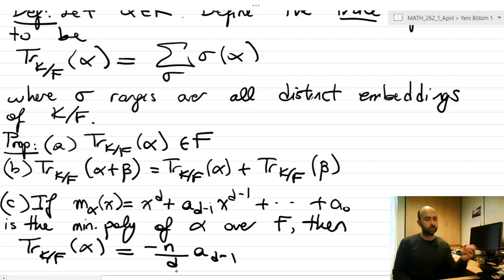We decided that d must divide n, and yeah, it's minus n over d times the coefficient of x to the power d minus 1.